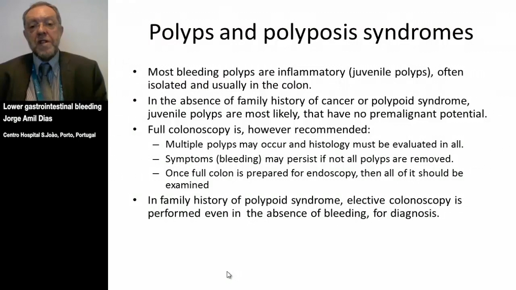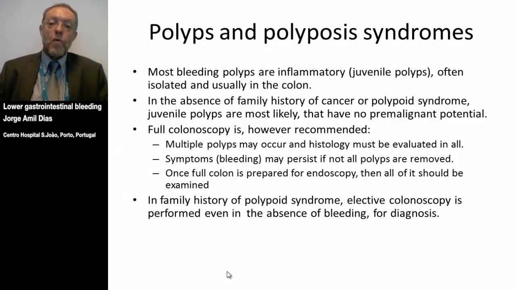Therefore, full colonoscopy is usually recommended even in the juvenile polyps in the lower colon. If there is a family history of polypoid syndrome, then elective colonoscopy is performed even in the absence of bleeding for diagnosis, and these patients rarely present with bleeding.